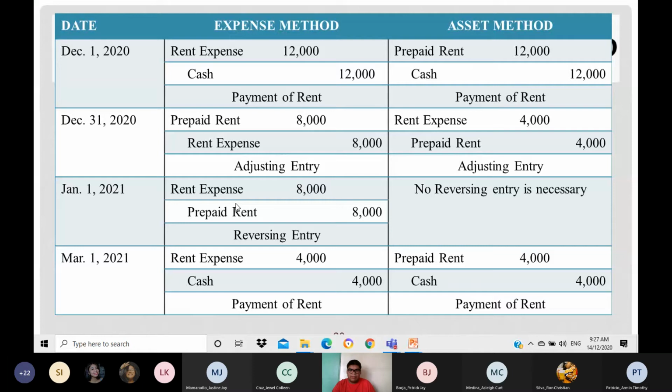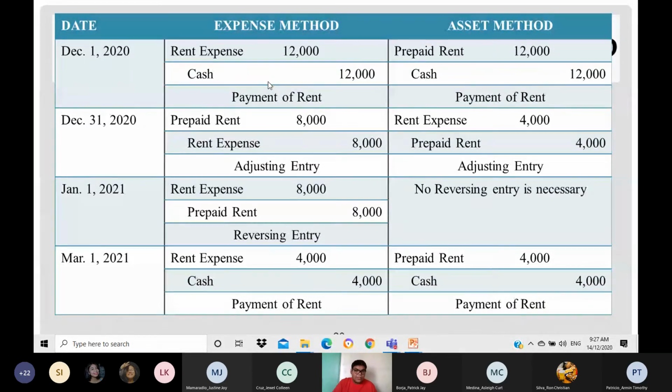But it must be considered as expense. Naglabas ka muna ng pera eh. So kada transaction mo is an expense, not necessarily prepaid.